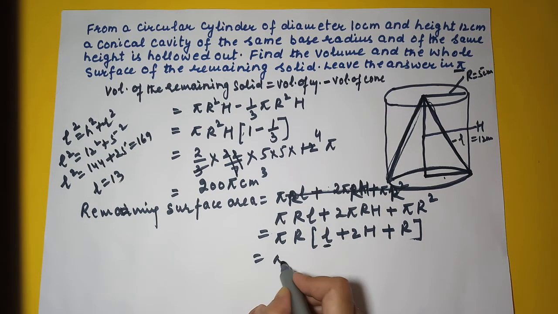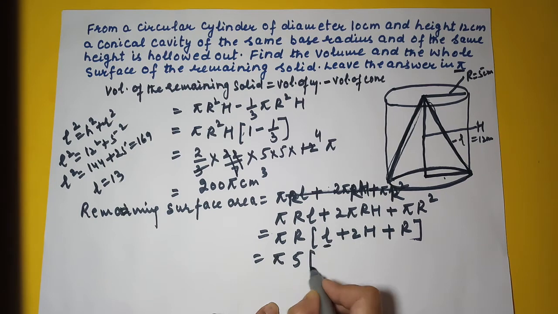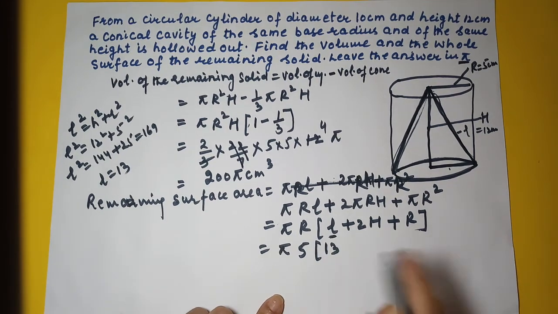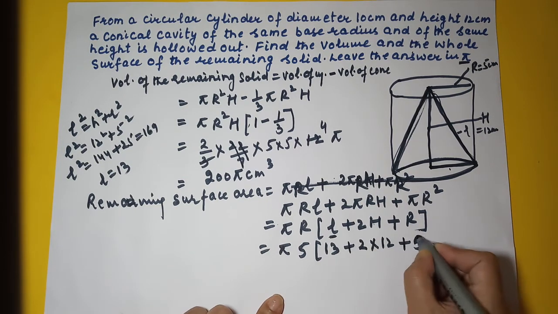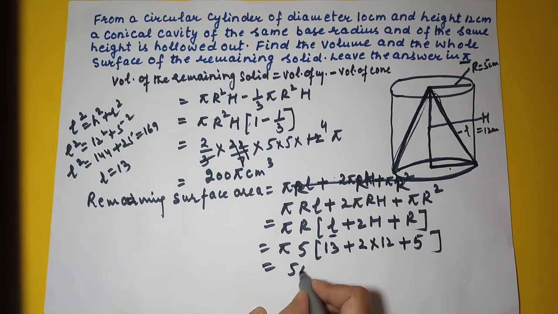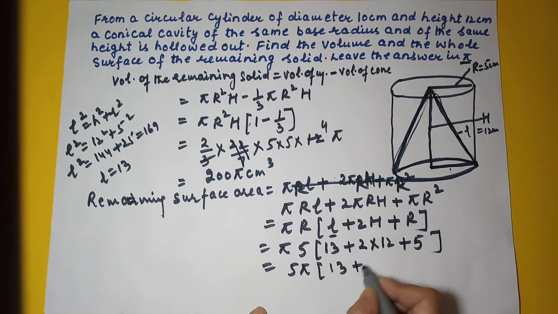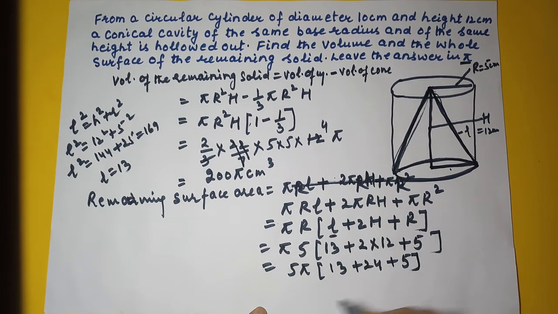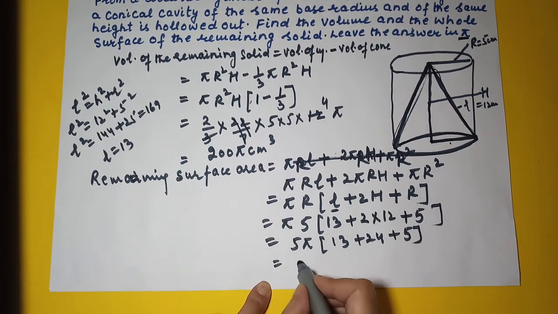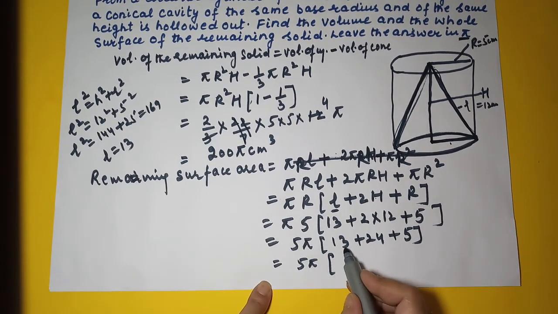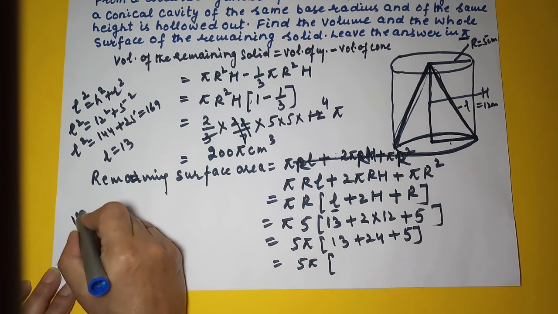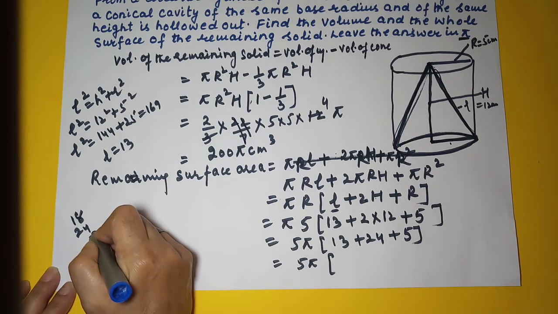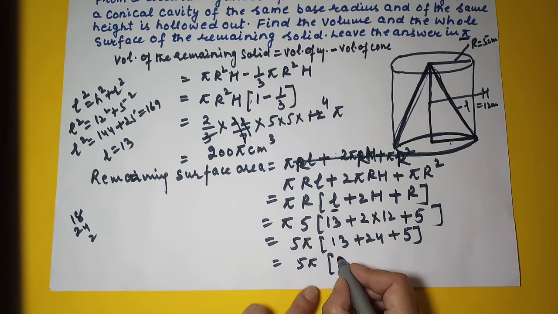So this will give us pi, R we can write as 5, L we can write as 13, plus 2 into H, which is 12, plus R, which is again 5. So this is 5 pi into 13 plus 24 plus 5, which is 5 pi into 42.